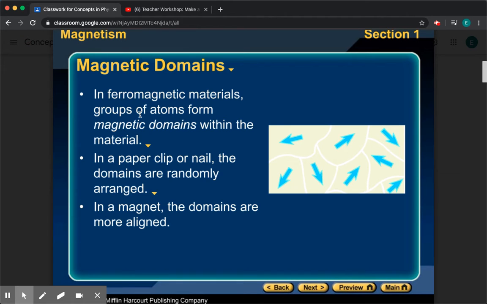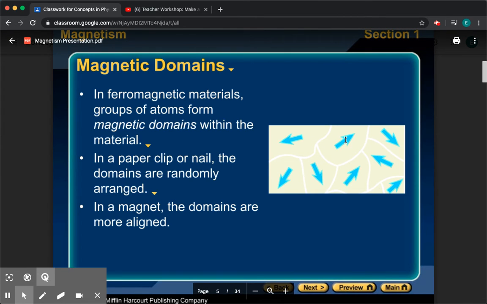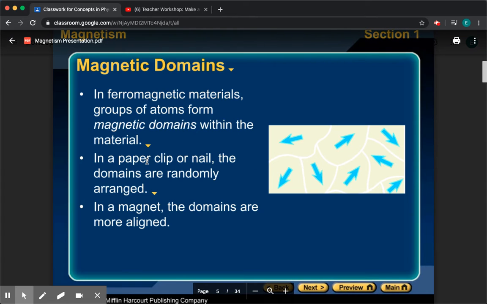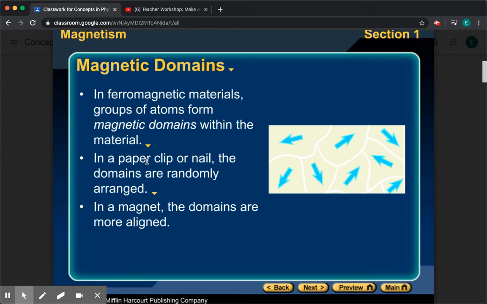There are these things called magnetic domains. Think of these arrows as magnetic domains. When they point in random directions like in here, the material is not magnetized. This is like any metal, such as the nail or the paperclip.